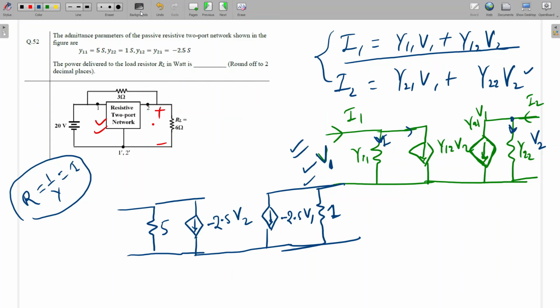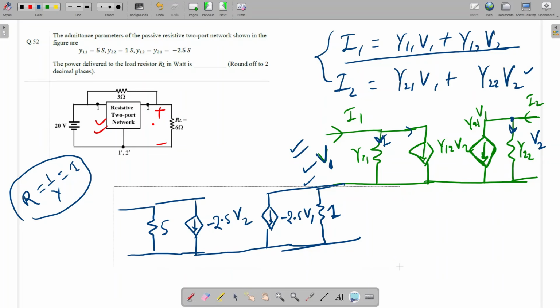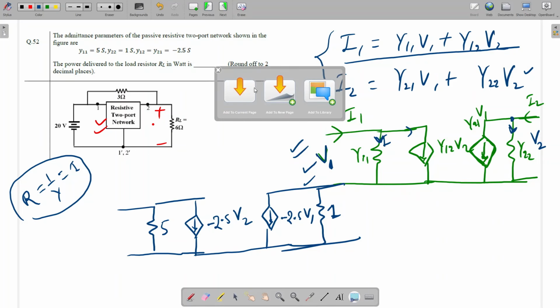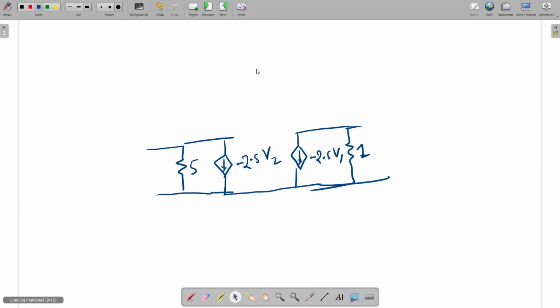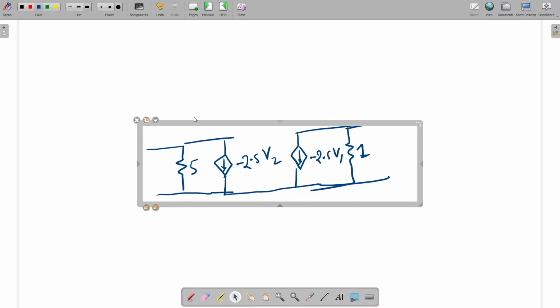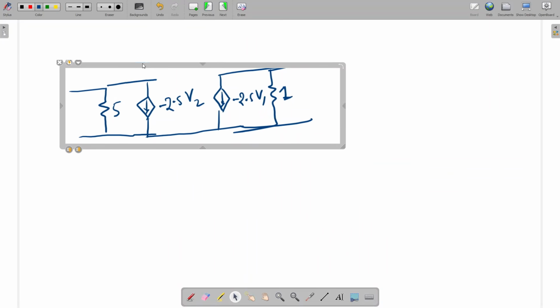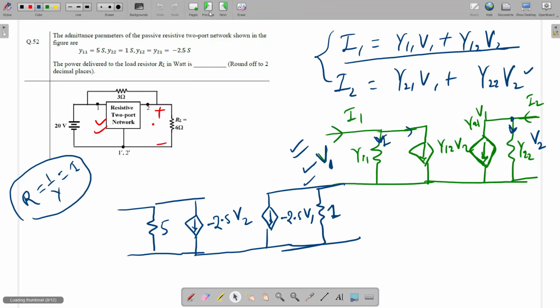Okay. So now I'm going to draw the whole circuit together. First I will copy this one. This is the part of the circuit.